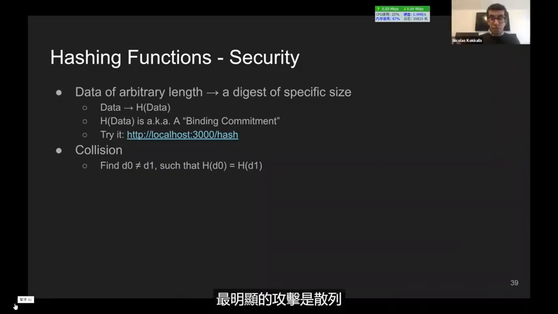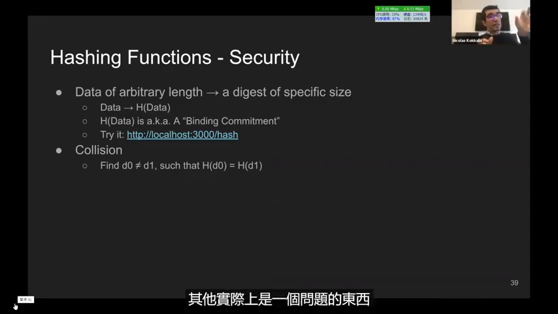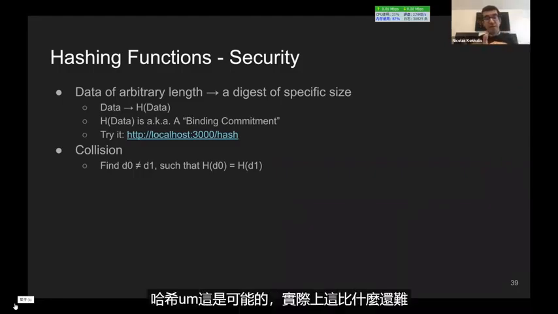The most obvious attack is you have a hash, you have initial data, and you want to change this data to something else, pretending that something else happened instead, and this other something else would have the same hash.